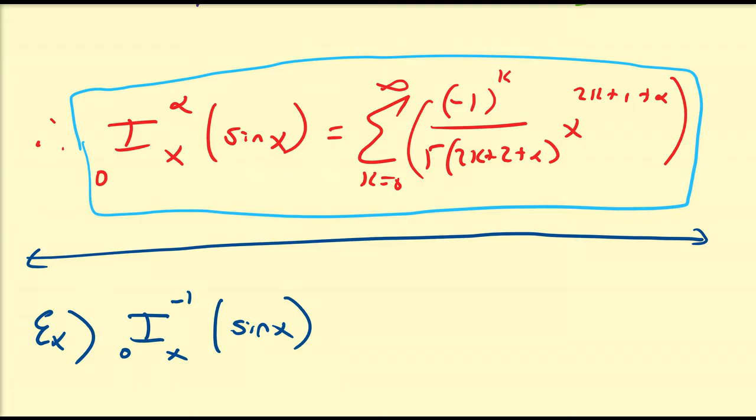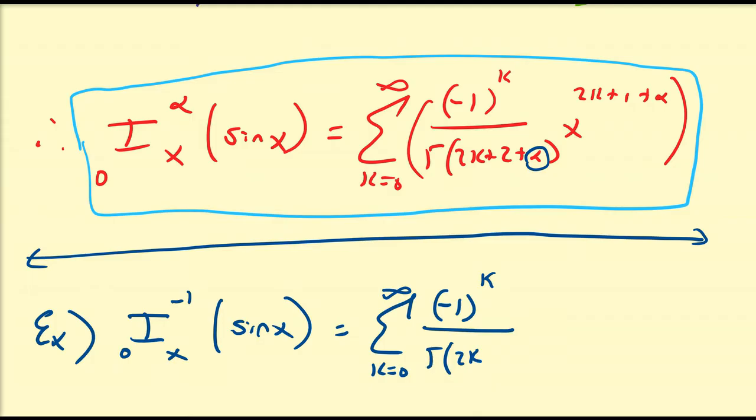So this is going to be equal to the sum from k equals 0 to infinity of (-1)^k over, and we replace alpha with -1 here, Gamma of 2k plus, so 2 minus 1 is going to be 1.